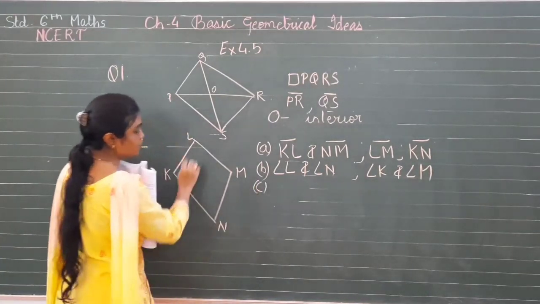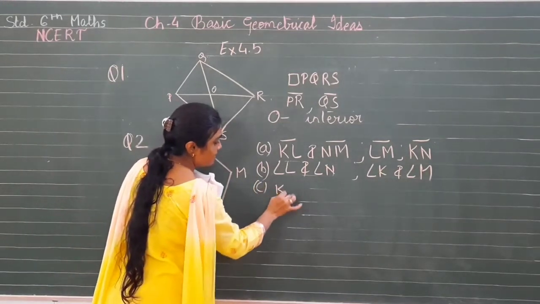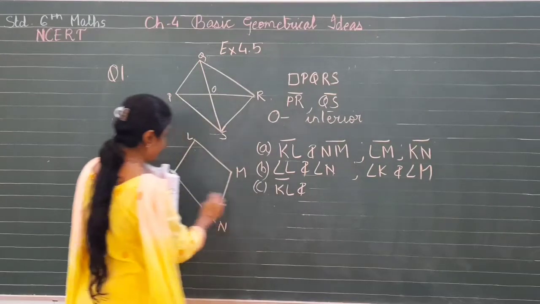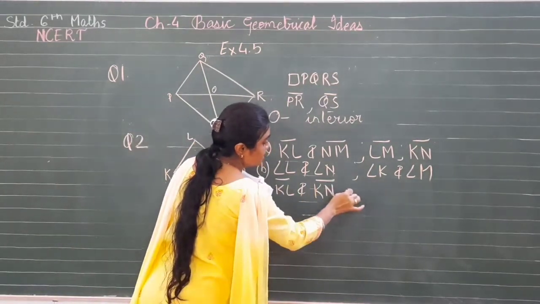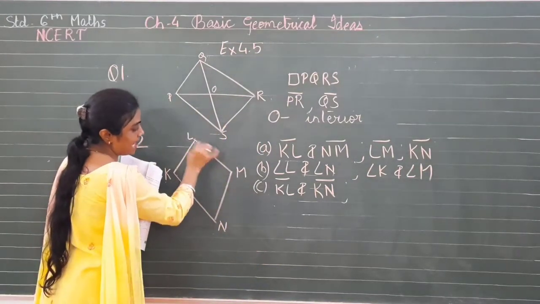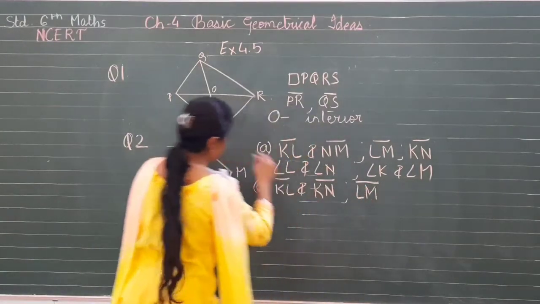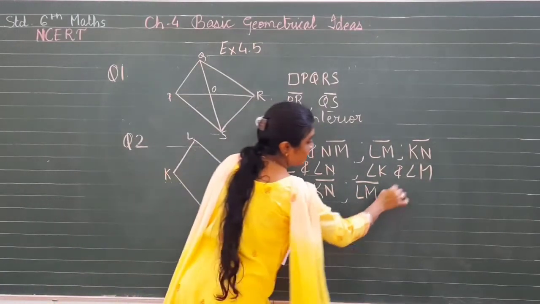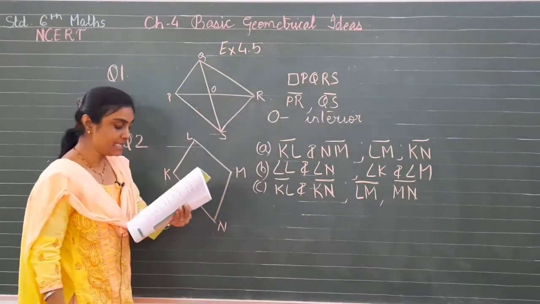Adjacent sides means sides next to each other. So let us take line segment KL and line segment KN. These are the two adjacent sides. Let us take line segment LM and line segment MN. These are also two adjacent sides.